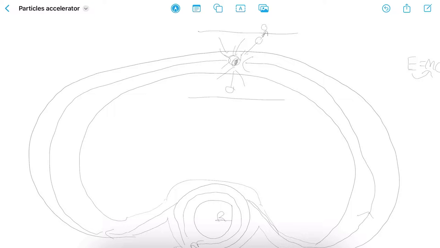The mass field is called the Higgs field, which gives mass to the particles that we know.